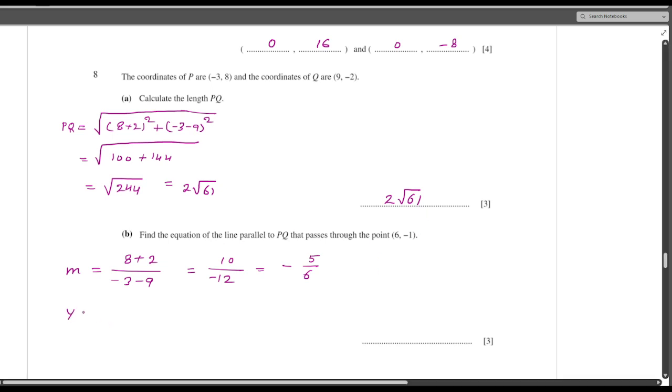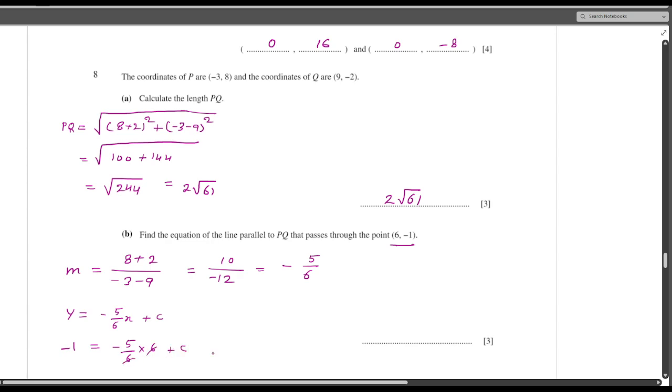So your equation of the parallel line will be of the form y is equal to minus 5 divided by 6 x plus c. Okay, now here the line is passing through this point, so I will say that minus 1 is equal to minus 5 divided by 6 times 6 plus c.